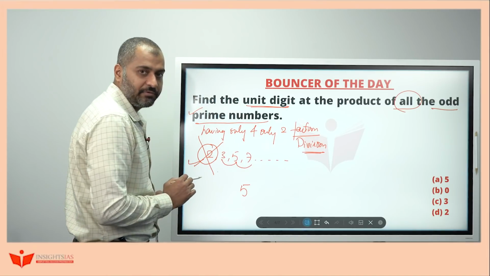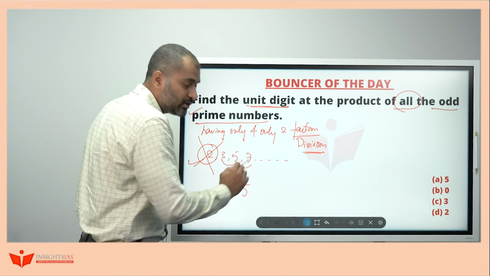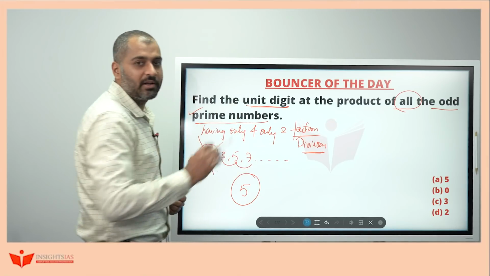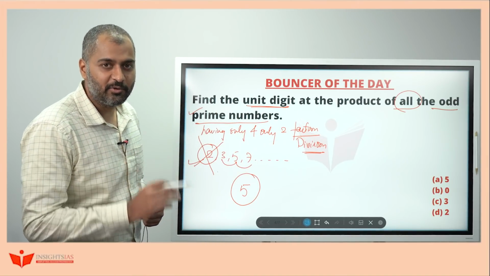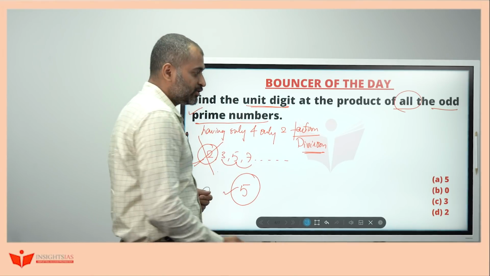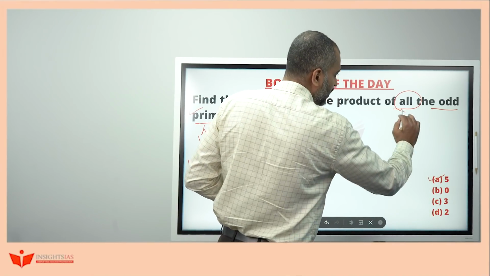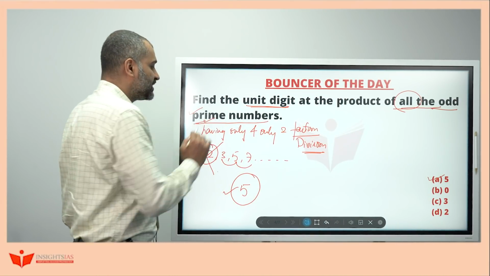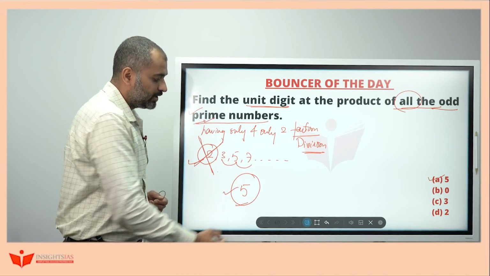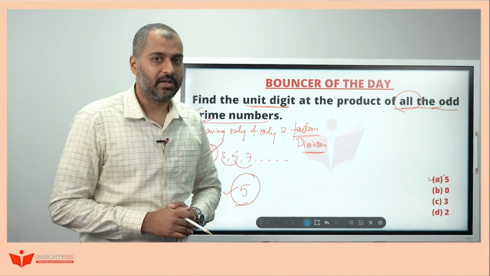See, 3 into 5 is 15, again 5. 5 into 7, again you will get 5 at the end. So, the answer is 5 in this case because he is asking for all the odd prime numbers. Apart from 2, you have to multiply everything. So, at the end you will get 5. So, the answer is 5 here, guys.